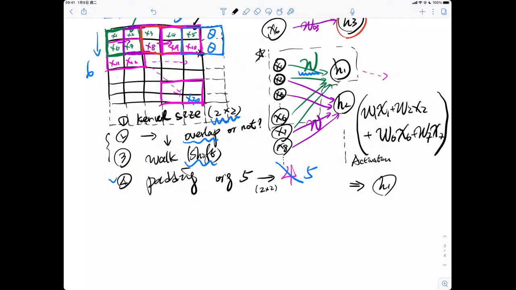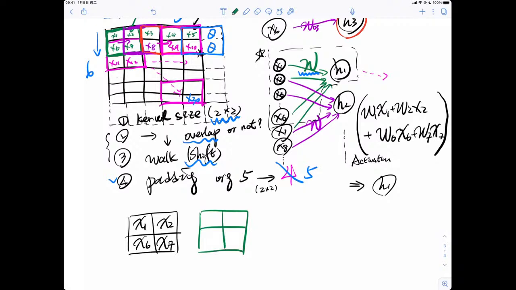You can view it in this way, and most convolutional neural networks explain themselves like this. Here we have x1, x2, x6, and x7, and we make a green kernel, and we move it gradually from the left-hand side to the right-hand side, top to bottom. And the weights, we simply write right here.